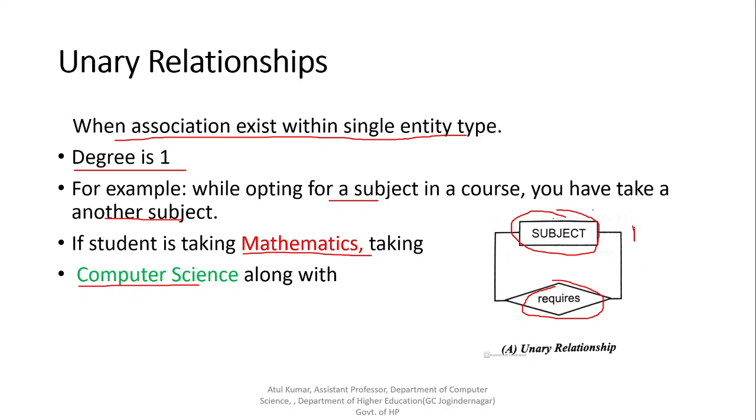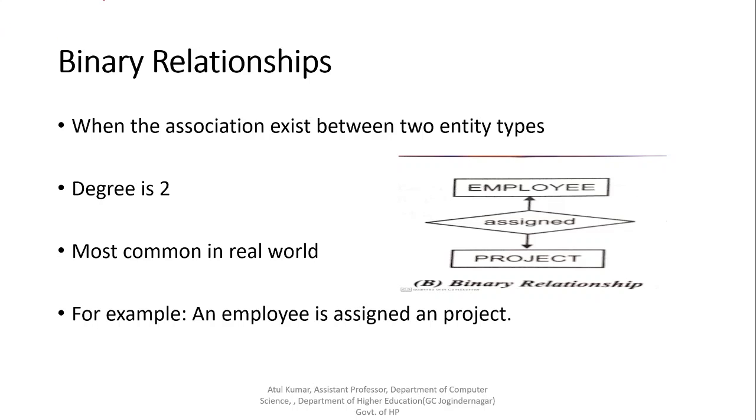If a student is taking mathematics as a subject, he must take computer science as another subject. So it is a unary kind of relationship. As we have only a single entity, a relationship having a single entity is called a unary relationship.